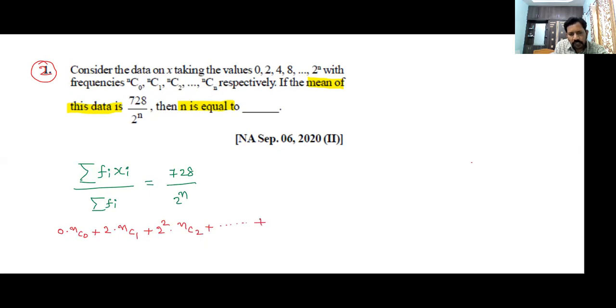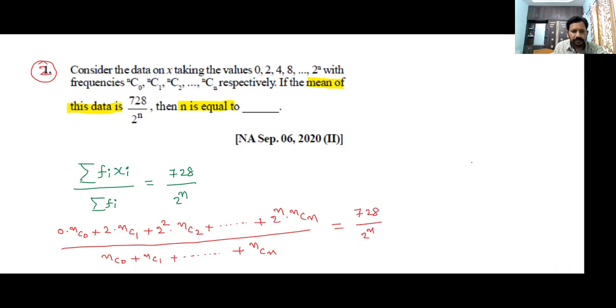The last term should be 2 power n into nCn. But in the denominator, sigma fi means the sum of frequencies: nC0 plus nC1 plus nC2 and so on up to nCn, is equal to 728 divided by 2 power n.